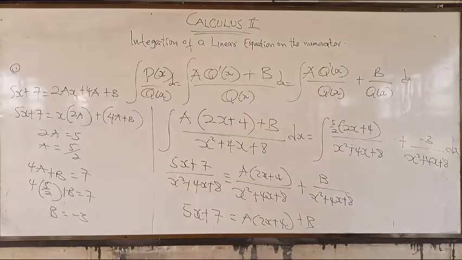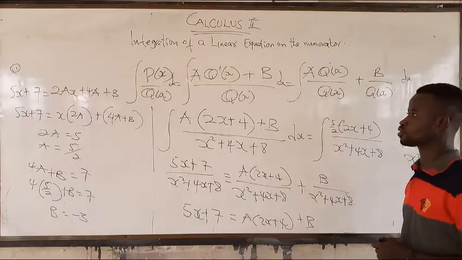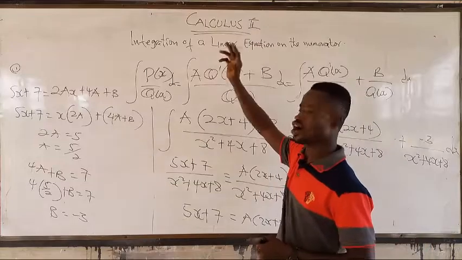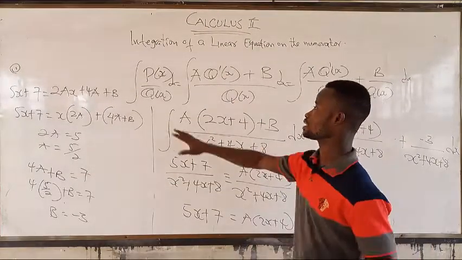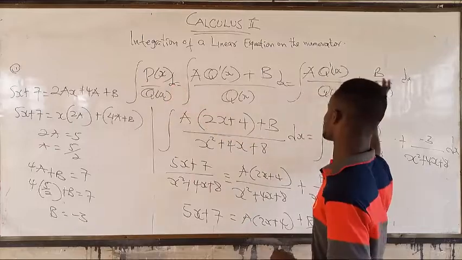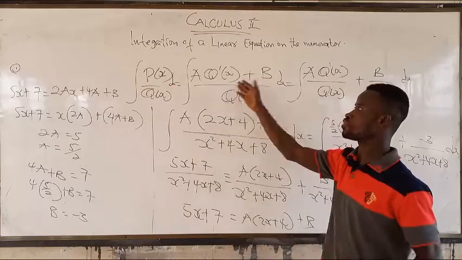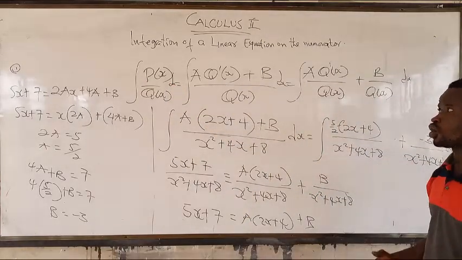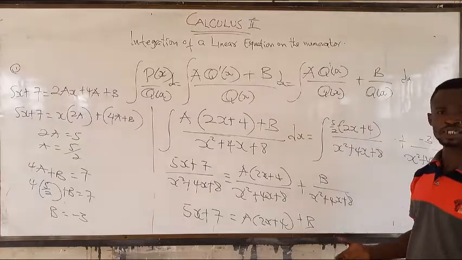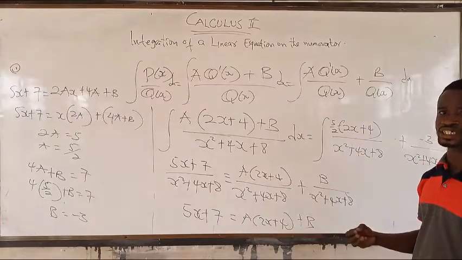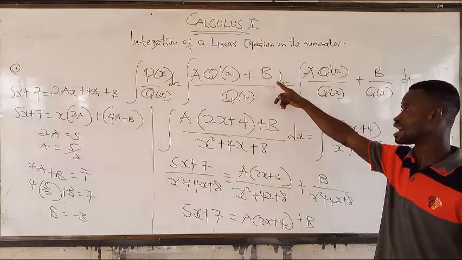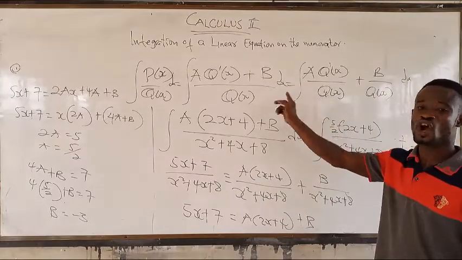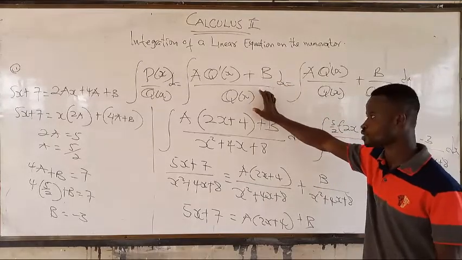Hope you have seen all the process that we have gone through. From the question, the linear is on top and the quadratic is on the denominator, which is similar to this. So you just need to memorize this, or just know that you multiply a by the derivative of the denominator, then you add it to b, all over the denominator.